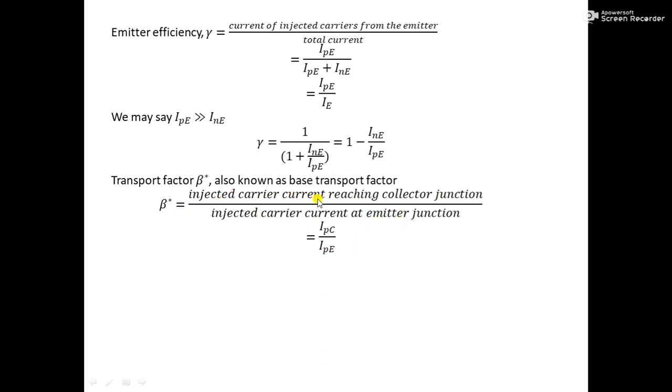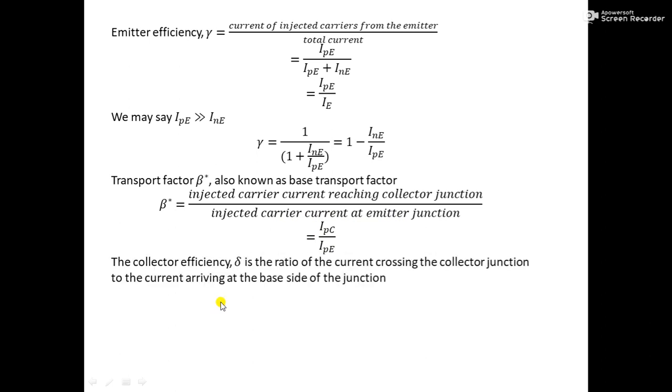So the injected carrier current reaching the collector junction is IPC, and the injected carrier current at the emitter junction is IPE. So this is the transport factor beta star. The collector efficiency, another constant, the collector efficiency delta, is the ratio of the current crossing the collector junction to the current arriving at the base side of the junction.